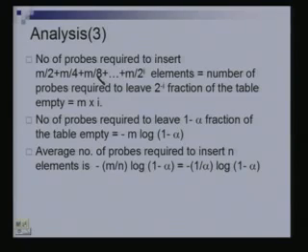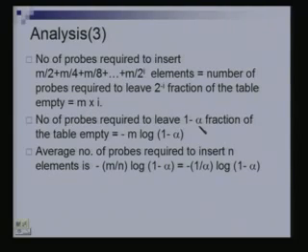After I inserted this much, how much was empty? 1/8. So after I inserted all of this, 1/2 to the I, which is 2 to the minus I fraction, was empty. So after I've inserted all of these, I have only 2 to the minus I fraction of the table empty, and the total number of probes required to insert these elements is m times I.